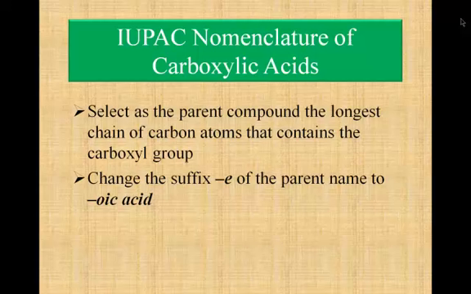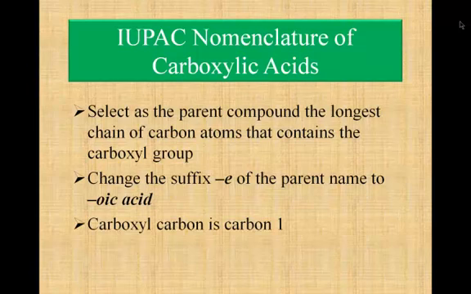A 4-carbon carboxylic acid would be butanoic acid. The carboxyl carbon is always going to be carbon number 1. This is because the carboxyl group is the highest priority functional group. So whenever you see a molecule that has a carboxyl group, that carboxyl group must be part of the parent chain, and the carbonyl carbon must be carbon number 1.